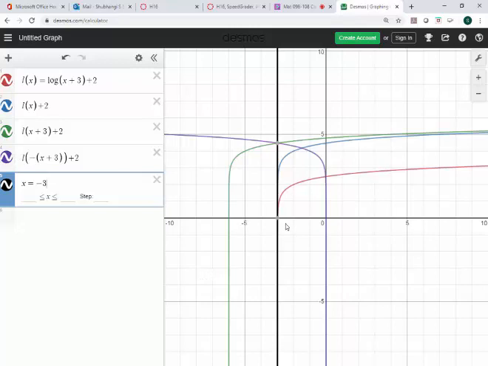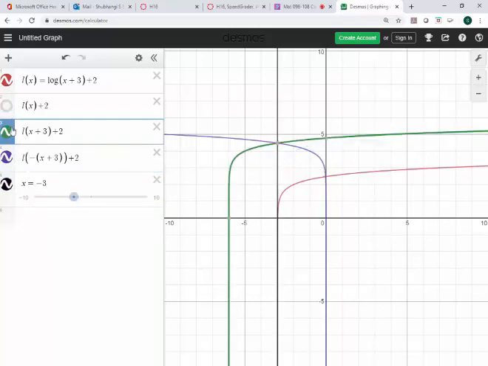Yeah. Do you see how it flipped over? So let's get rid of this one and this one. So the purple graph is a reflection of the green graph across the line x equals -3.